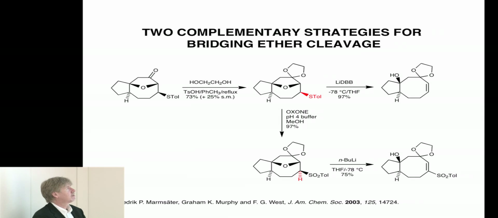So if we remove this carbonyl from the picture by ketalization, we can break open this bridging ether either by a direct reductive elimination using lithium di-tert-butyl biphenylide as a single electron reductant to generate the organolithium here and then pop open the ether to give us the alkene. Or if we want a little more functionality, we can oxidize the sulfur up to the sulfone and then just using base eliminate this open to give us the vinyl sulfone.